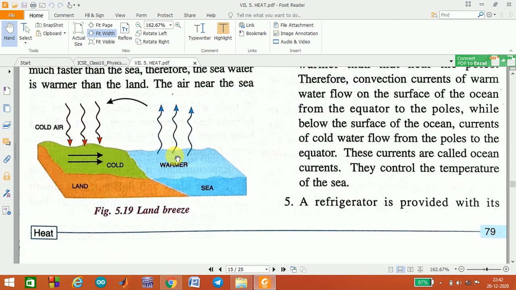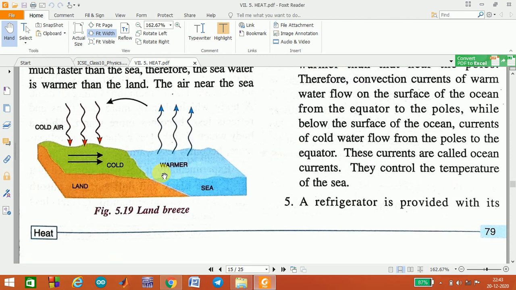So as it moves upward, the cold air should fill that part which is left here. That means cold air should flow from land to sea, from the cold land to the warm sea, to take its place.